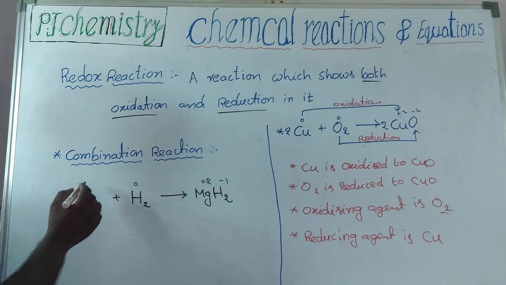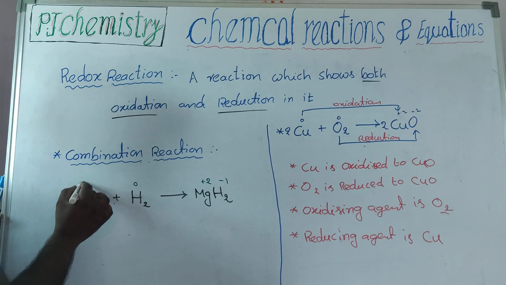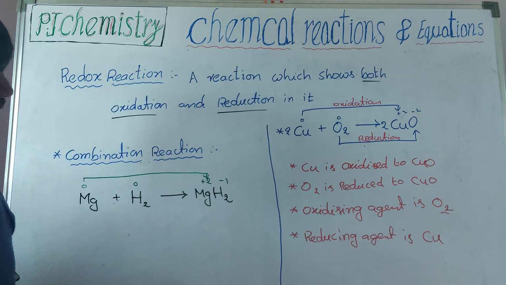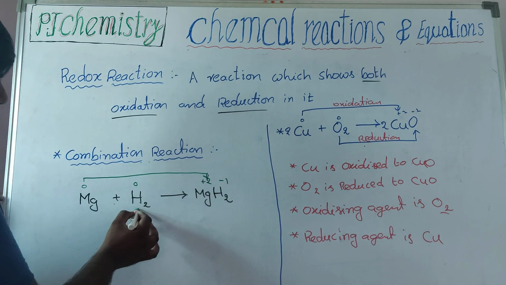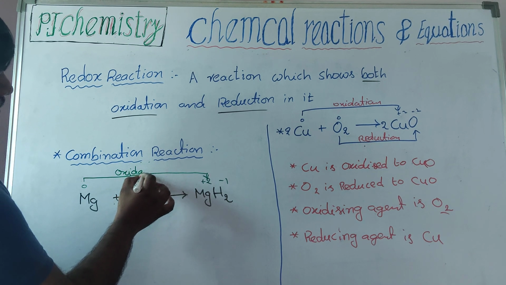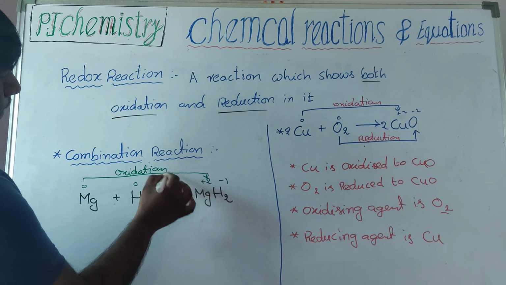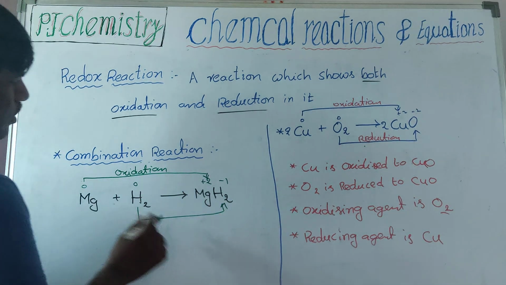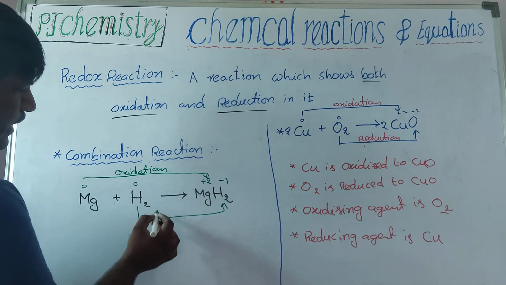Now check here. Magnesium 0 to +2, increased. Increased means oxidation. Hydrogen 0 to -1, decreased.